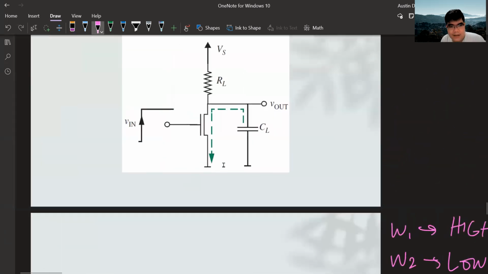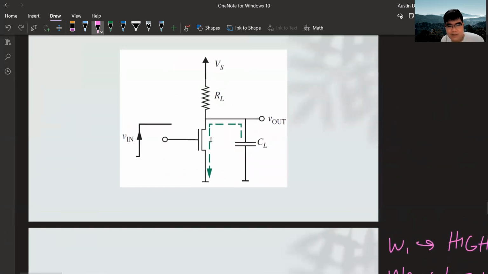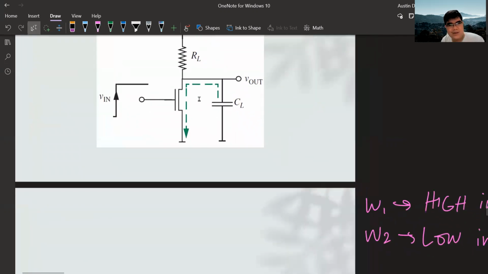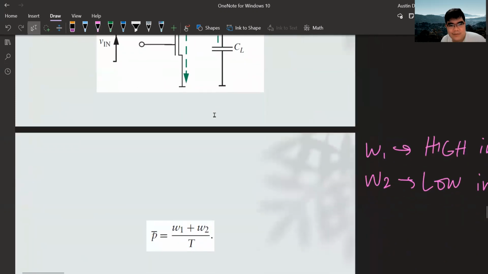Okay, so that is for the high input. It means the switch is closed. The convention is confusing.